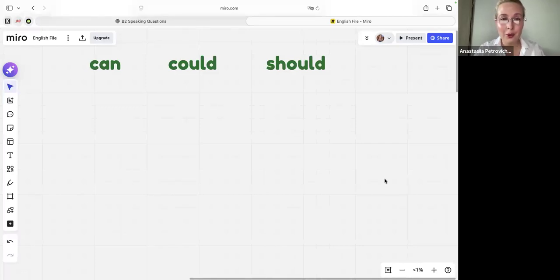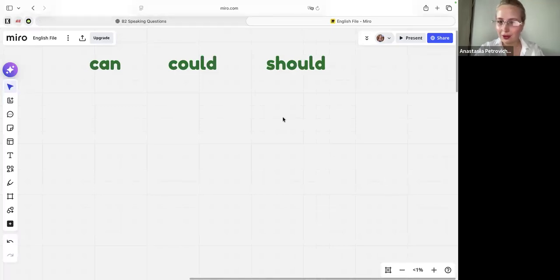It will give you multiple advantages, because if you use it correctly, you can level up your speech, and you can sound like you know English better instantly. As you could potentially understand from our whiteboard, today we are going to speak about modal verbs.